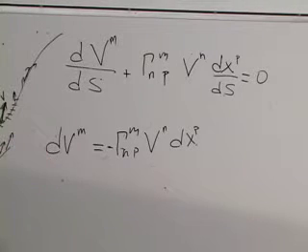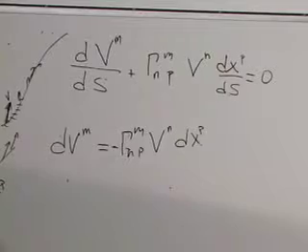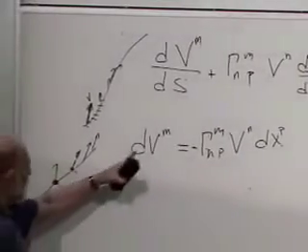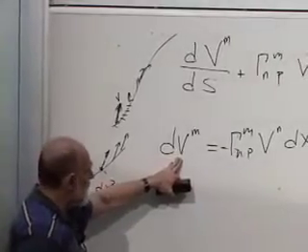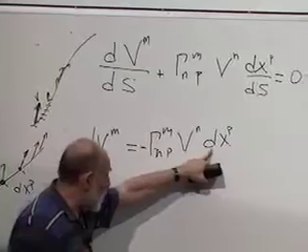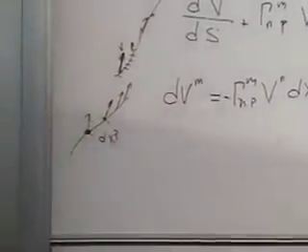That's the construction and the definition of parallel transporting a vector along a curve. To move it from one place to another, you just change V by an amount that's proportional to V, and that's proportional to the amount that you're displacing it, and is proportional to the Christoffel symbols.